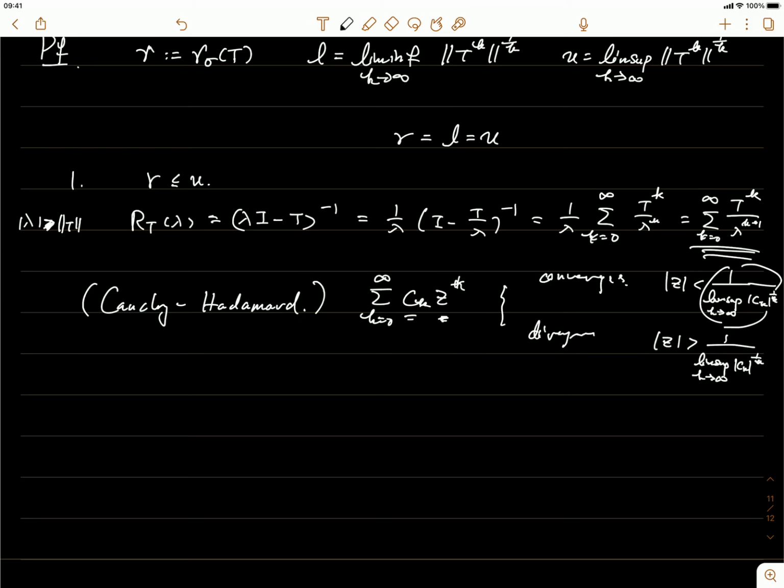Okay, so now let's go back to this one. For it to converge, the 1 over lambda is our z. You can put the 1 over lambda outside, so you still have the same lambda^k.